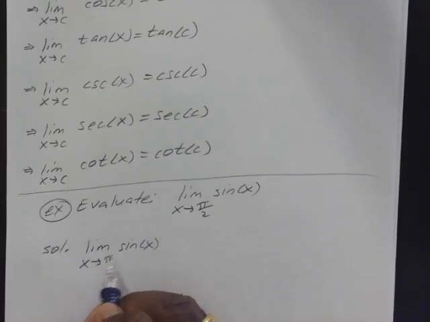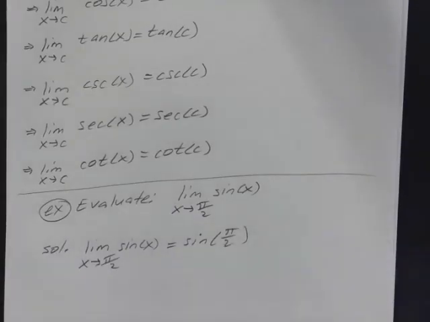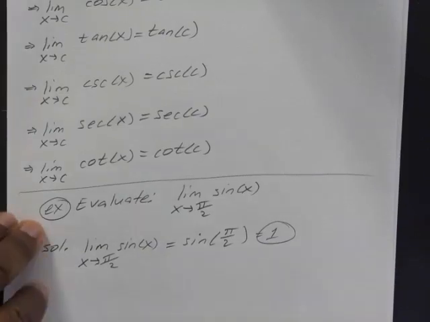As x approaches pi over 2 is just sine of pi over 2, which is 1. All right.